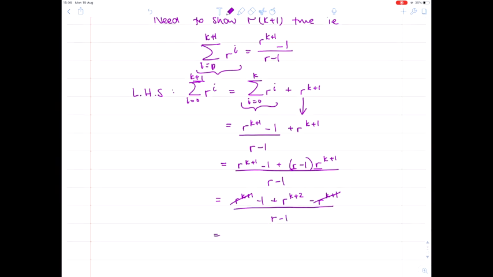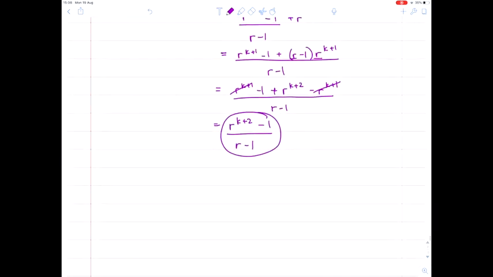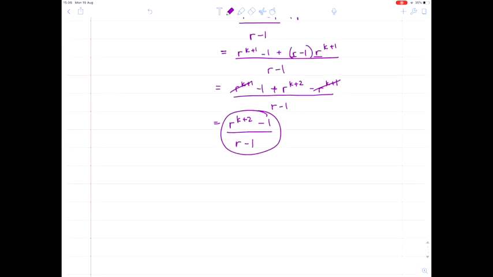And if we just reorganize our numerator, we've got r to the k plus 2 minus 1 over r minus 1. And this is exactly what we wanted to show over here. Whoops, and that should have been a 2 there. So this is equal to the right-hand side of our proposition for k plus 1.